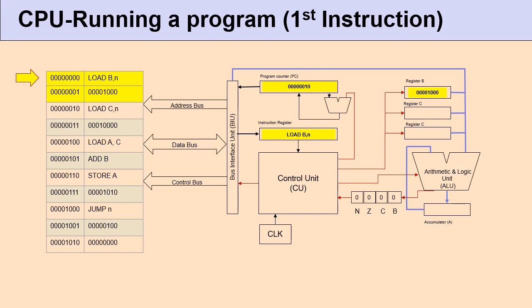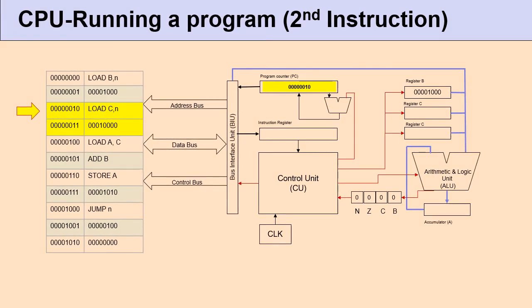We also have register B loaded with the data value immediately after the previous opcode, which was available at address 0001. So with this, the instruction cycle is completed and the CPU can start the next instruction cycle.